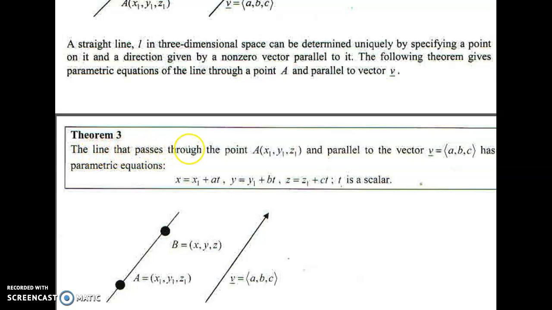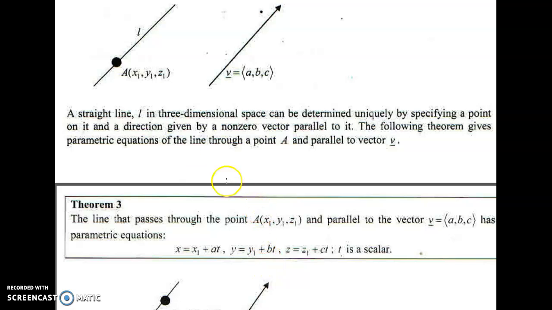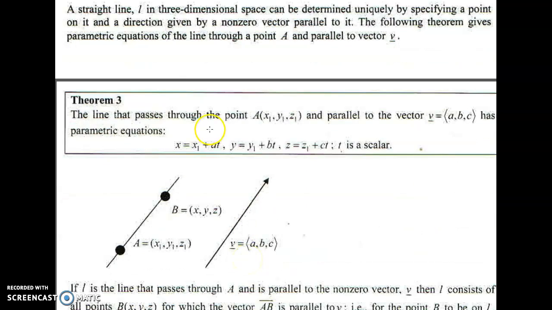The line that passes through point A and is parallel to vector V, which contains a, b, c, has parametric equations: x equals x1 plus a times t, y equals y1 plus b times t, and z equals z1 plus c times t.